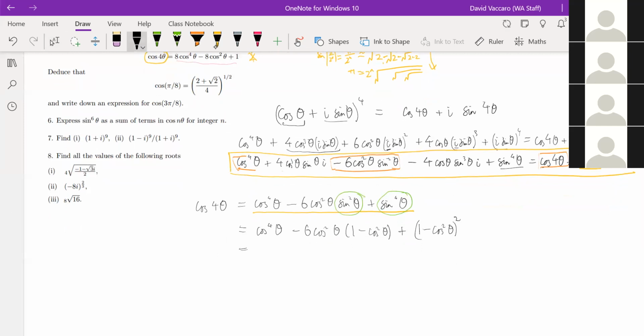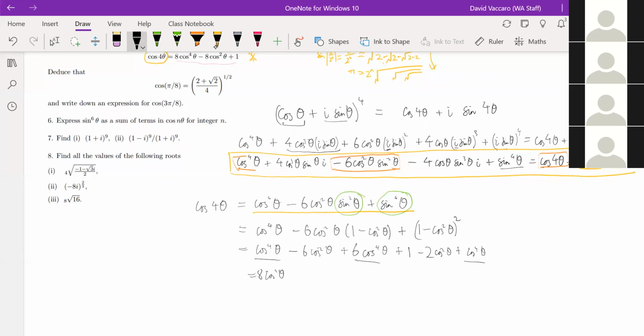Okay, so let's now simplify. So we get cos 4 theta minus 6 cos squared theta plus 6 cos 4 theta plus 1 minus 2 cos squared theta plus cos 4 theta. And then when I combine the cos 4 theta terms, I get 8 of them.